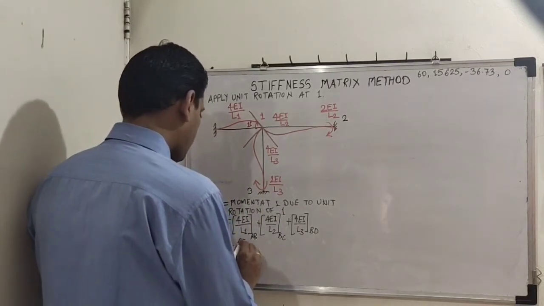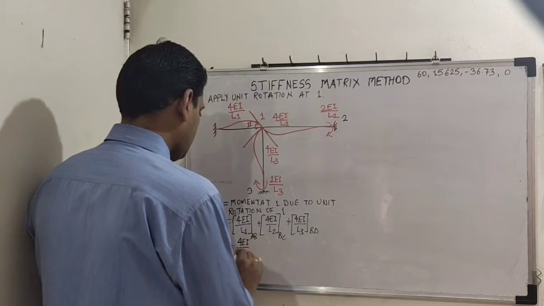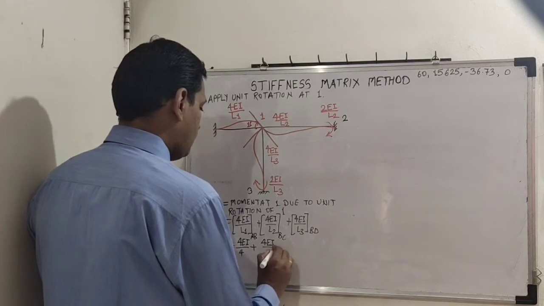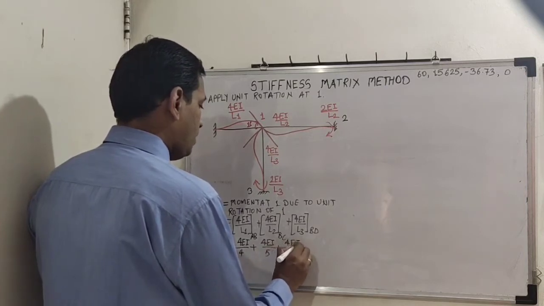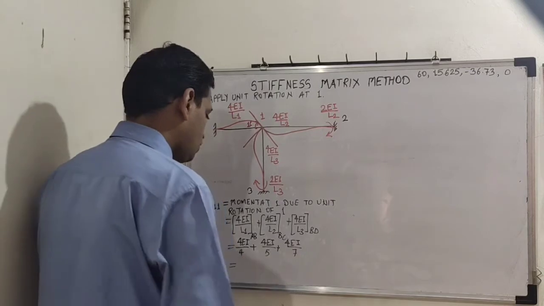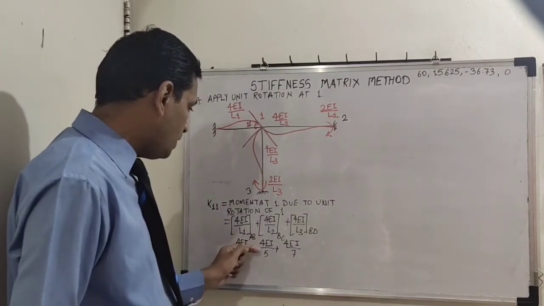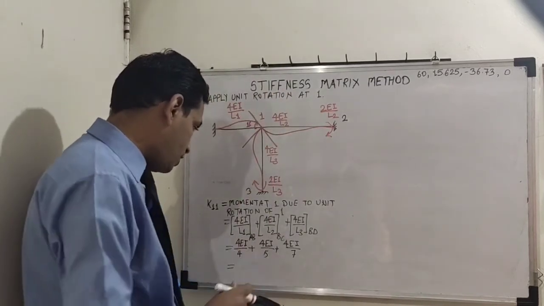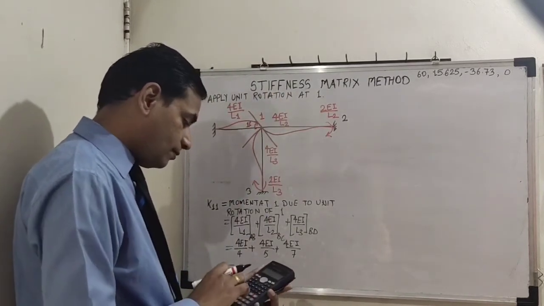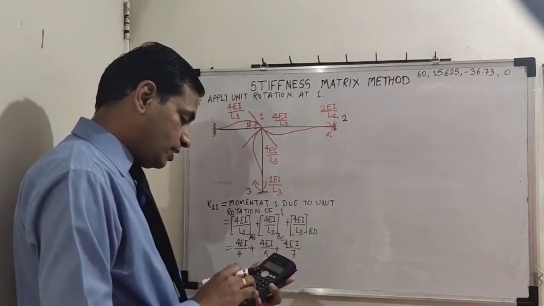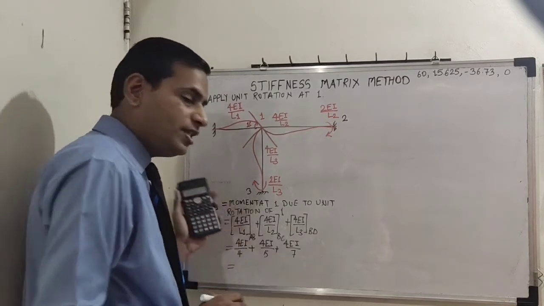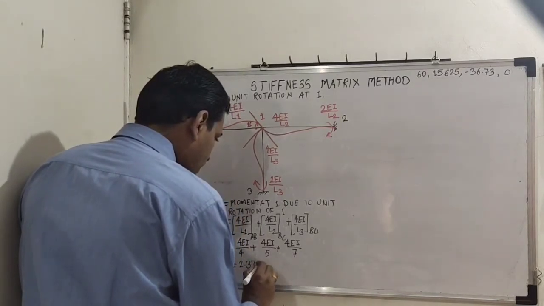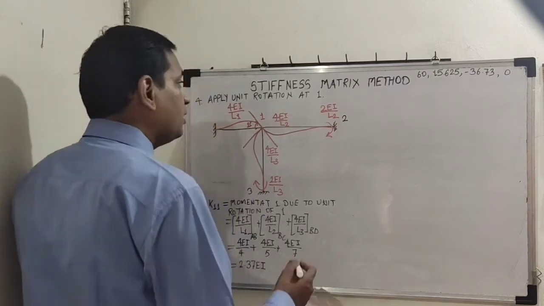So this is 4EI by 4 plus 4EI by 5 plus 4EI by 7. So let us calculate. This is 1, this is 0.8. Let us see how much is this. So 1 plus 0.8 is 1.8 plus 4 by 7. So it is 2.37EI. K11 is 2.37EI.